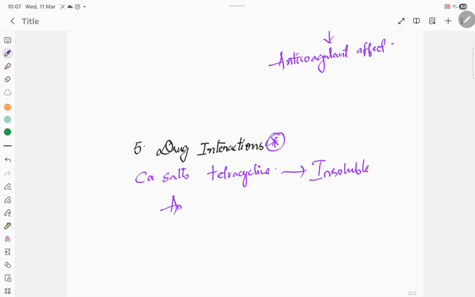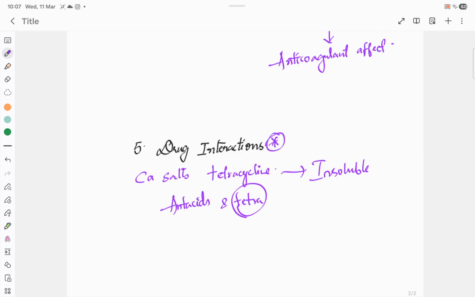Another example is antacids and tetracycline: antacids reduce the absorption of tetracycline in the stomach, decreasing its therapeutic effect. And again warfarin and aspirin, where the drugs affect blood clotting, and when taken together they may increase the risk of bleeding.